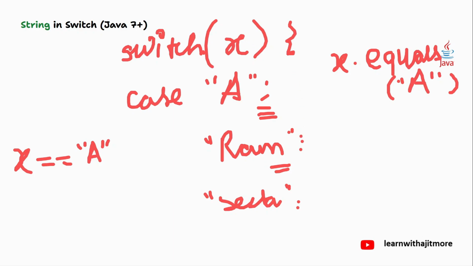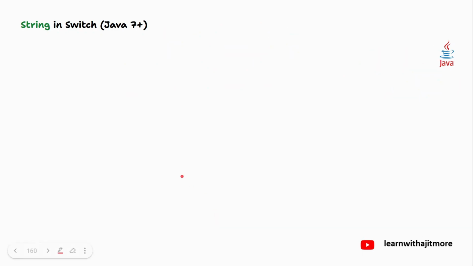If both strings come out the same, it will execute that code. If x dot equals double quote Ram comes false, it will check with C. Now, if it doesn't come equal with anyone, then the default case is run. I hope you know that. Just now we have discussed it. So comparison is done via equals. And remember, equals is case sensitive. Like from outside, you have passed RAM, RAM.